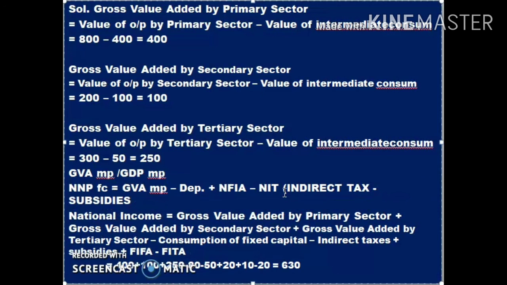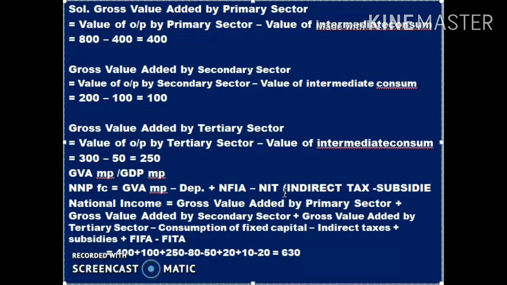So subsidies, you know, what is done: minus has gone inside, so the sign will be changing to plus. When the bracket opens, it becomes plus here.